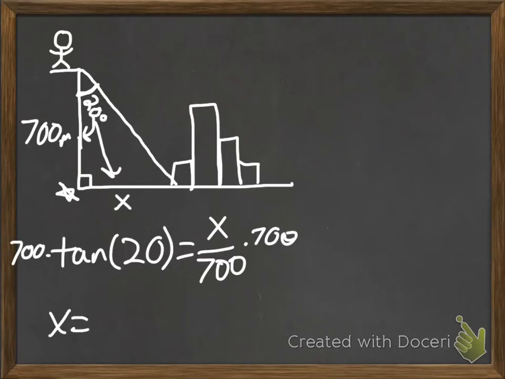So 700 times the tangent of 20 will be 254.8 meters. So our mountain is 254.8 meters away from the city.